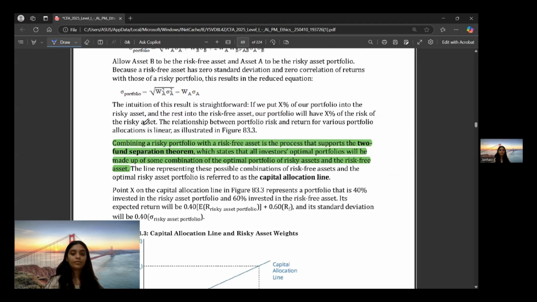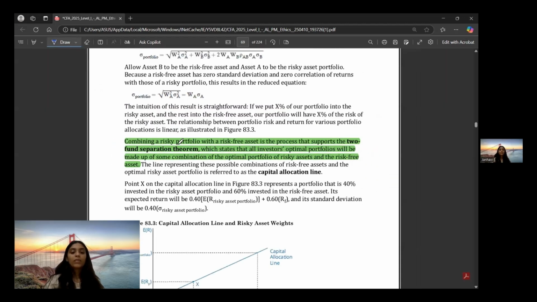Now, combining a risky portfolio with a risk-free asset is the process that supports the two-fund separation theorem. Now, what is the two-fund separation theorem? It states that all investors' optimal portfolios will be made up of some combination of risk-free and risky assets. I will repeat again.